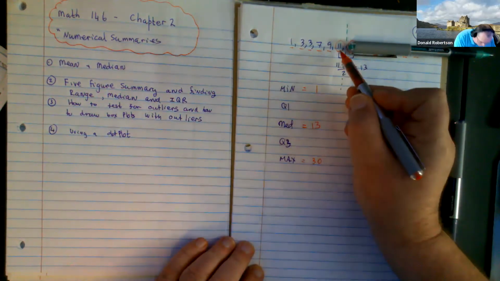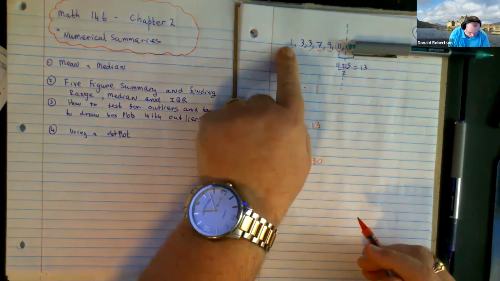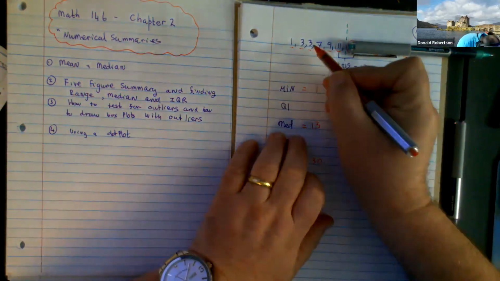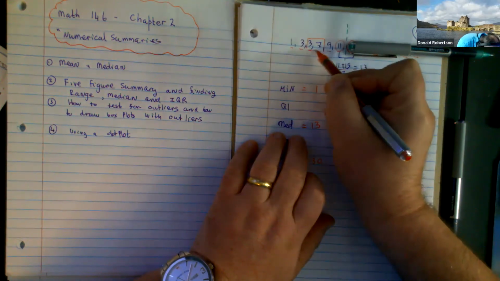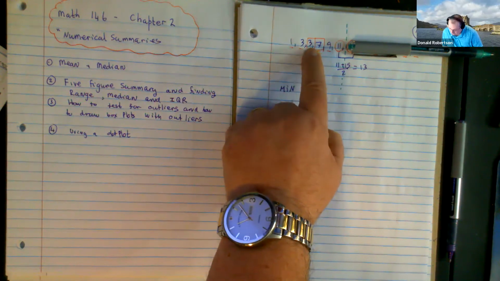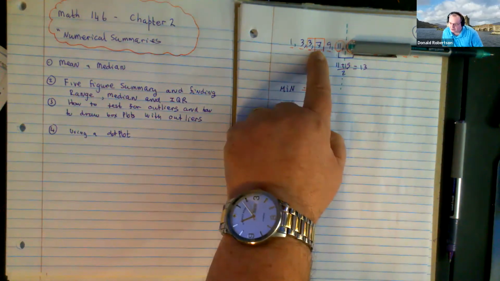So let's see what happens there. Oh, wait a minute. There are 6 numbers here, aren't there? You see them? 1, 2, 3, 4, 5, 6 numbers. So won't the middle be there? So there's 2 numbers in the middle again, but that's add them and half it, right, Cody? So the answer is 5. Does that make sense? Right. So Q1 is going to be 5.